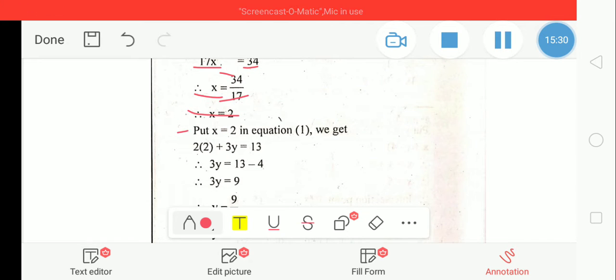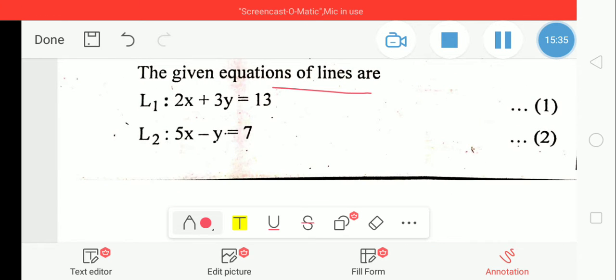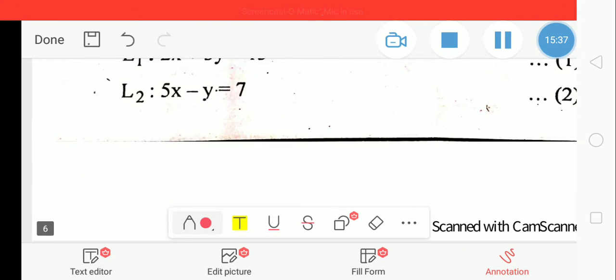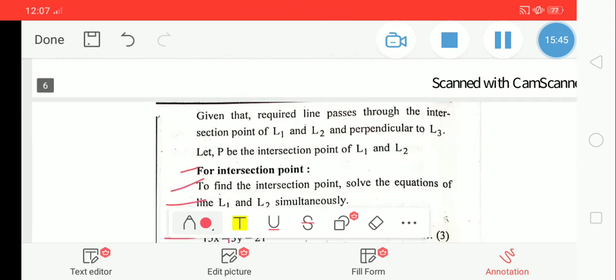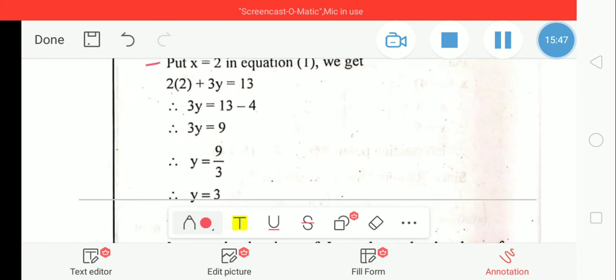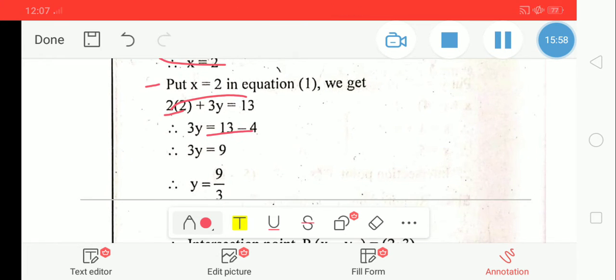So put x is equal to 2 in equation number 1. Here we put x is equal to 2, that is 4 plus 3y is equal to 13. So 4 goes to the opposite side, so minus: 13 minus 4 is 9, and 3 is divided.